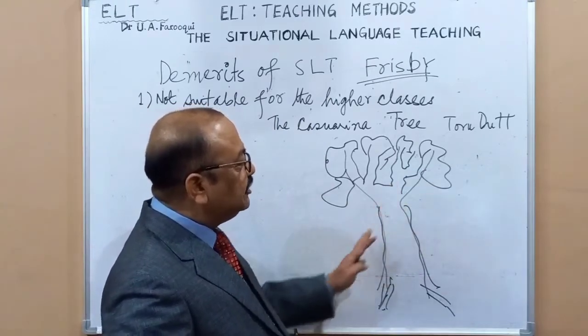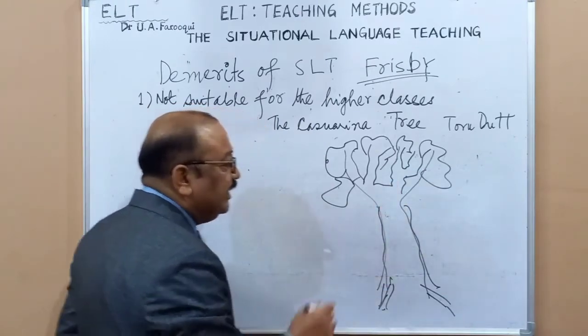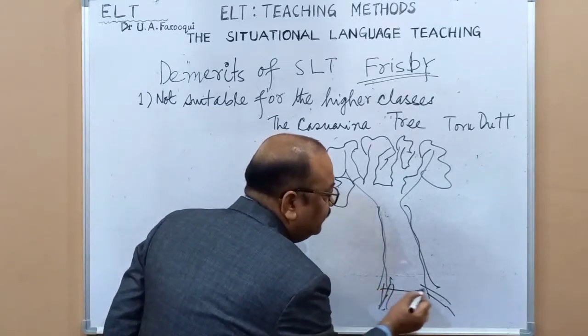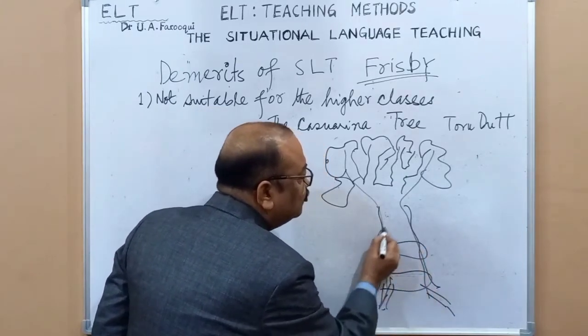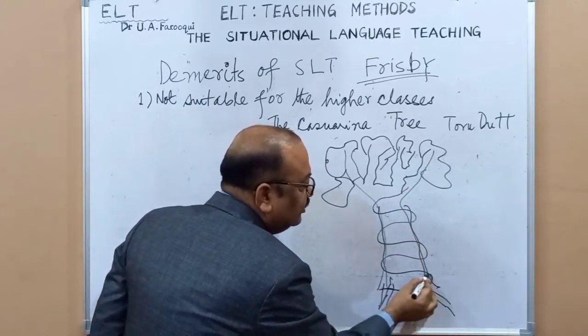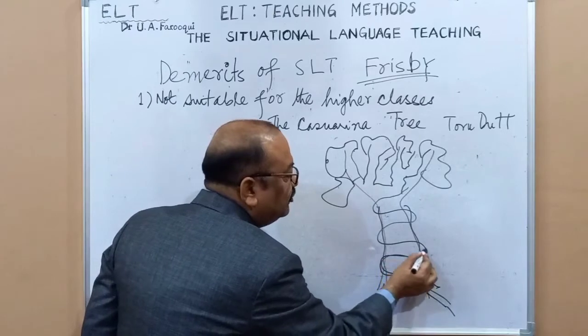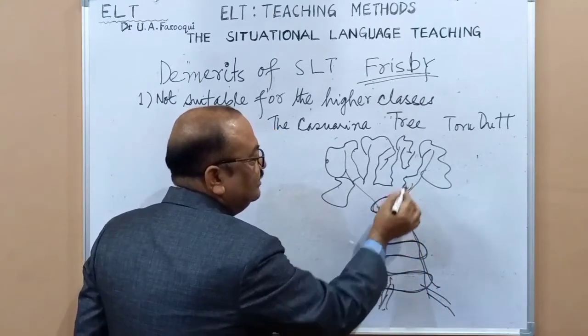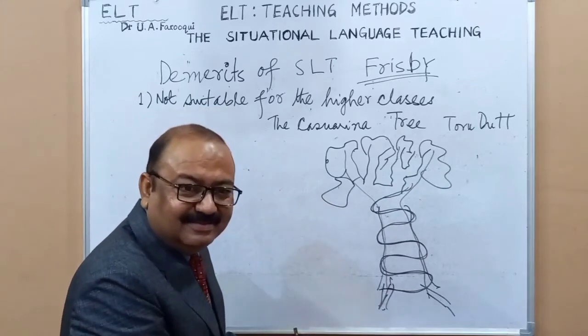Now this is a huge Kesiluna tree, and ivy climbs up its trunk like this. This is ivy, and a beautiful simile is given there in the poem. It looks like a python.